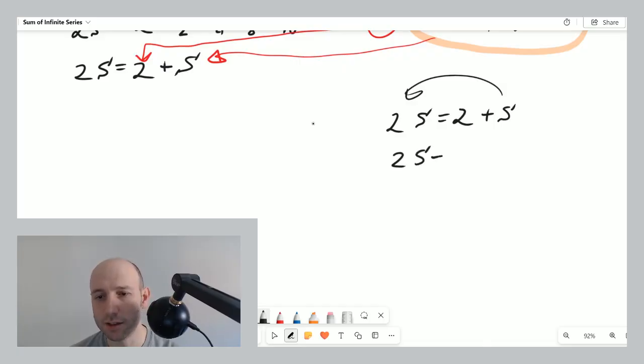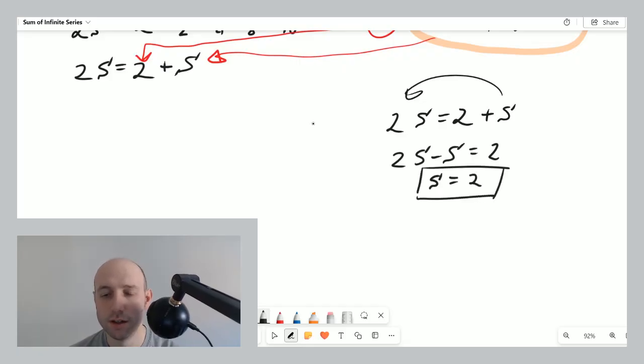We have 2S minus S equals 2, or S equals 2. There's your formal proof that this summation does in fact equal 2.